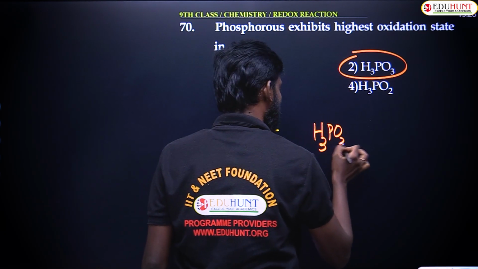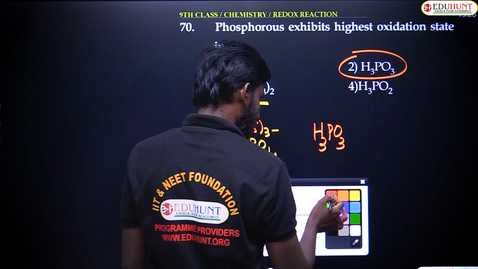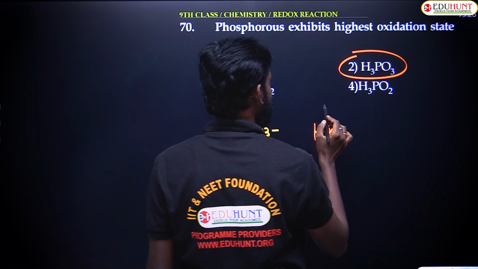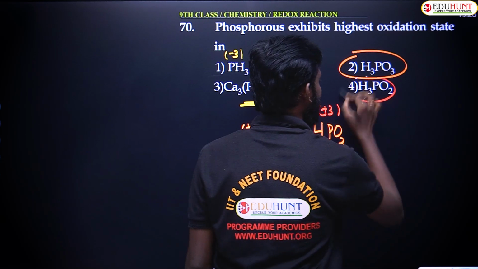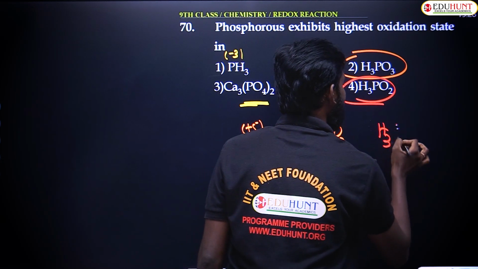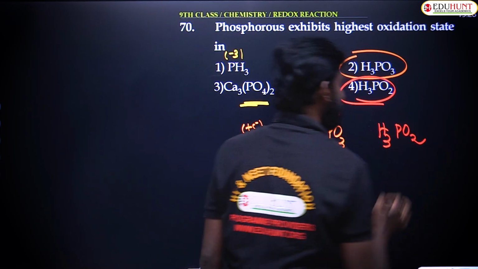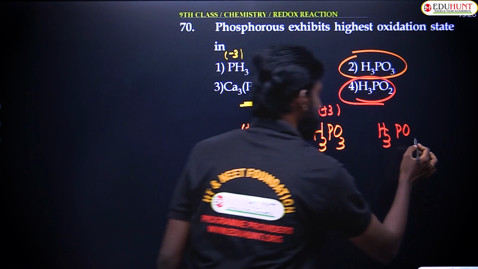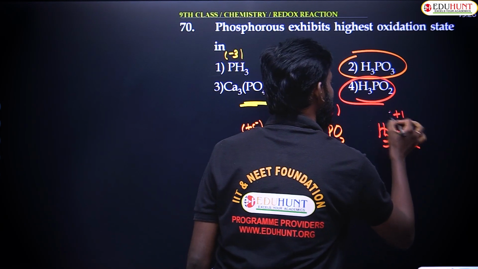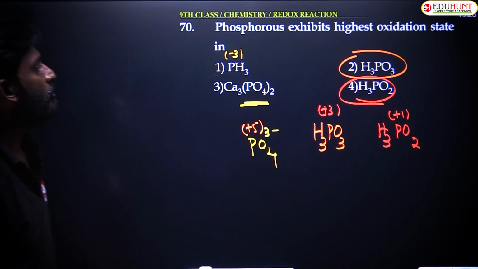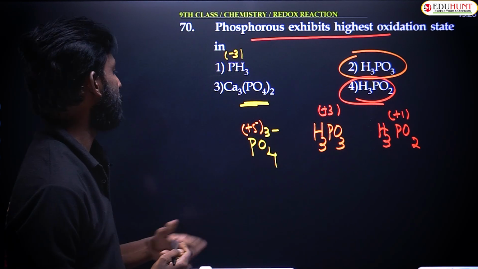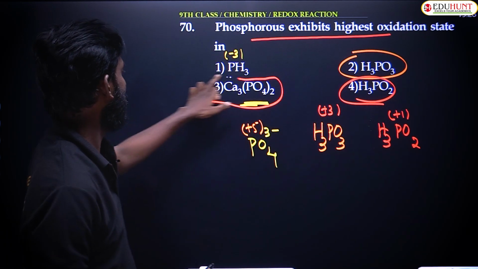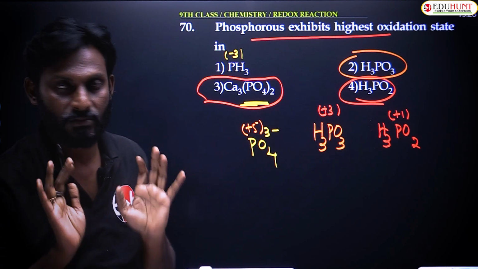Phosphorus will be in +3 state. This is hypophosphorus acid, explained with structures in previous questions. Here phosphorus will be in +1 state. You need the highest oxidation number, so third option: phosphorus is +5 in phosphate.